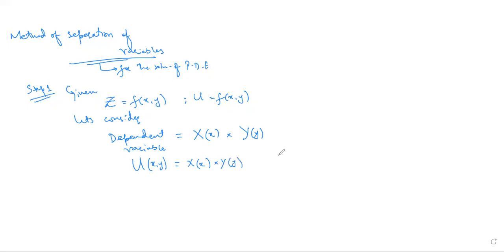Or in another case, if you have u as a function of x and t, it can be split as X, a function of x only, times T, a function of t only. This changes your partial differential equation to single-variable functions, that is, ordinary differential equations. So we'll have to solve that particular ordinary differential equation then.